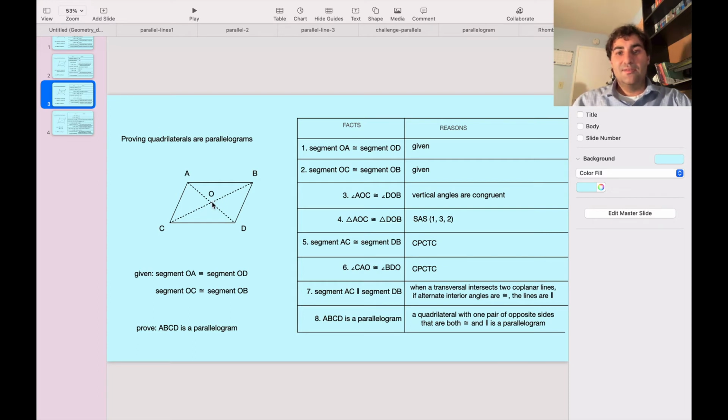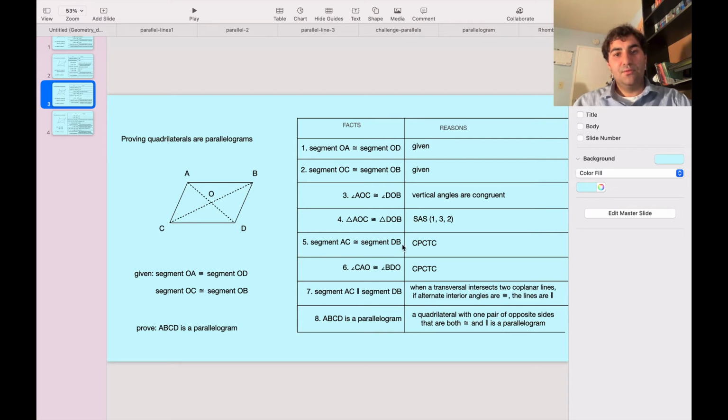So we know that vertical angles are congruent, so angle AOC is congruent to angle DOB. Then I can apply the side-angle-side postulate using statement 1, statement 3, and statement 2. So we get triangle AOC is congruent to triangle DOB.